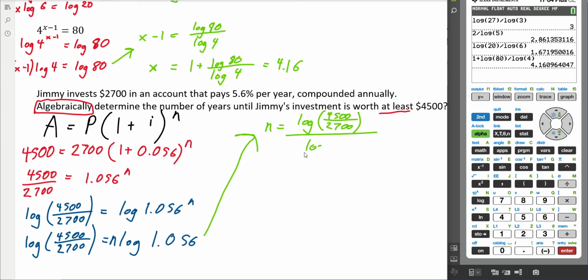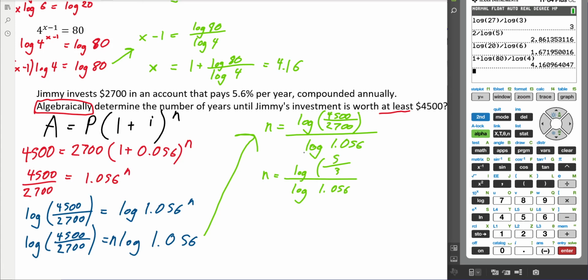Divided by log 1.056. Okay, now I want to simplify it just a little bit for myself before I plug it in my calculator. I normally wouldn't write this step out because it's not really that important, but hey, I'm doing it anyway. Divided by 27, and that could even be simplified more. Divided by 9, so it's 3.